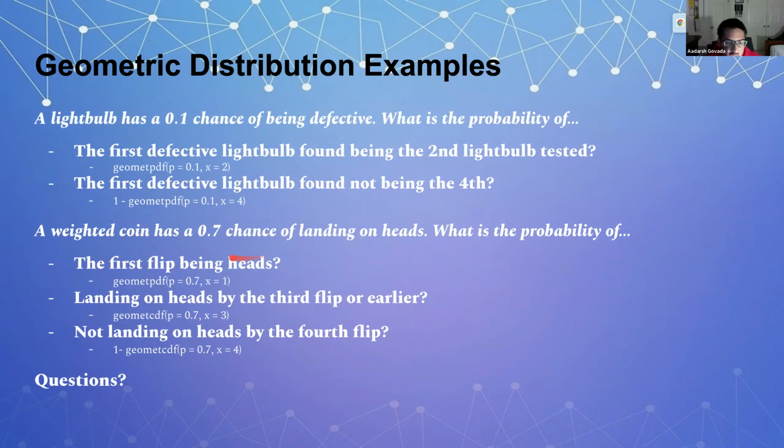It only takes one trial to get success, so X equals 1, and the probability of success is 0.7 throughout. So we do geometpdf 0.7, X equals 1, type that into our calculator, and we get 0.7.